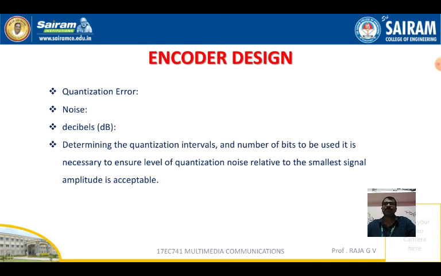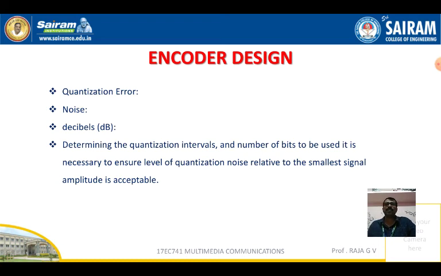The difference between the actual signal amplitude and the nominal amplitude is called quantization error.